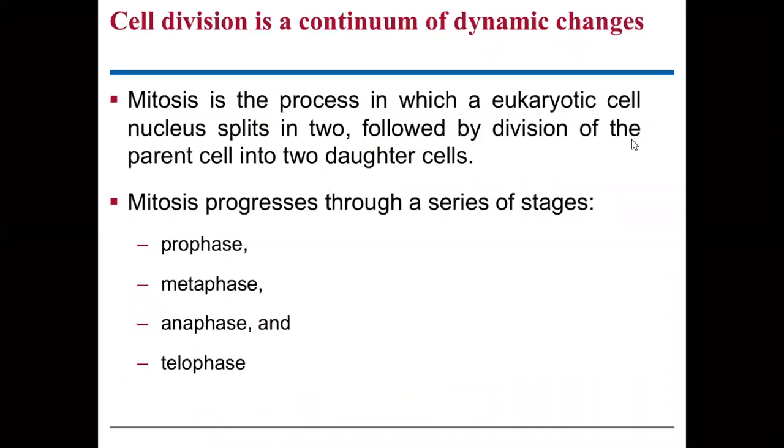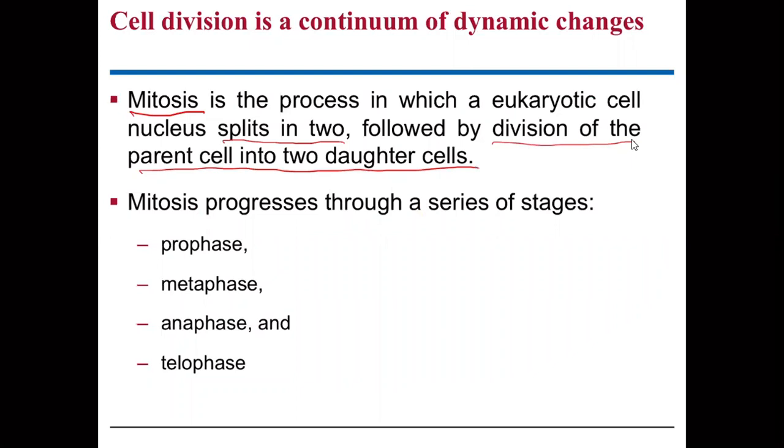Okay, so now let's zoom into the specific karyokinetic process, which is the mitotic process or mitosis. As defined in this slide, mitosis is the process in which a eukaryotic cell nucleus splits, followed by division of the parent cell into two daughter cells.